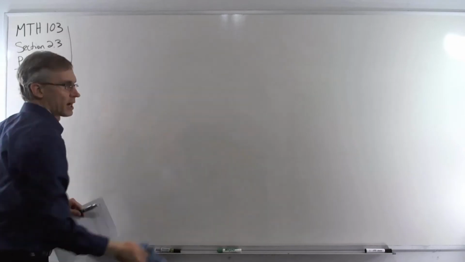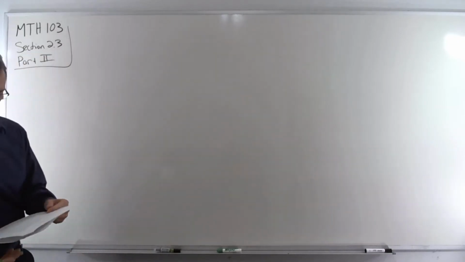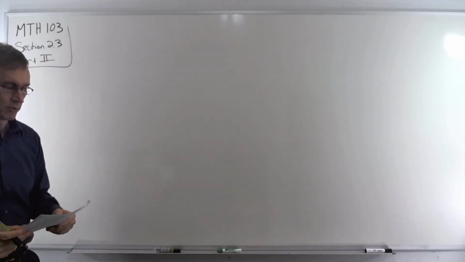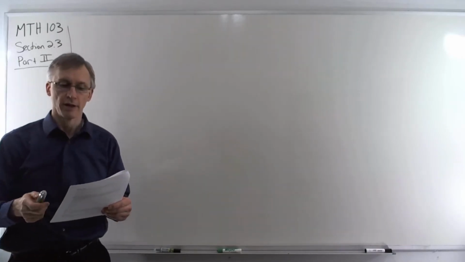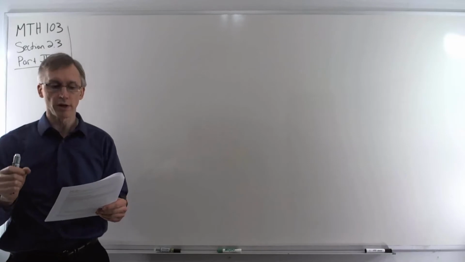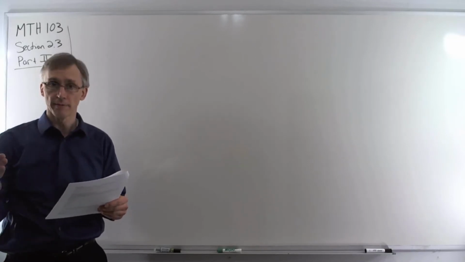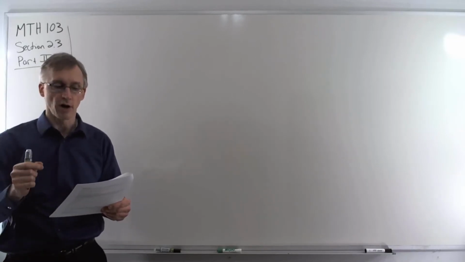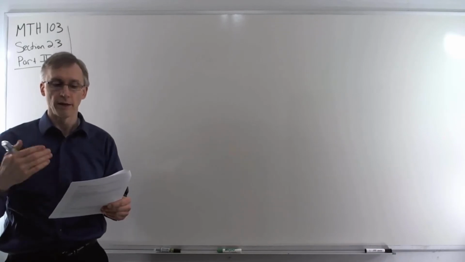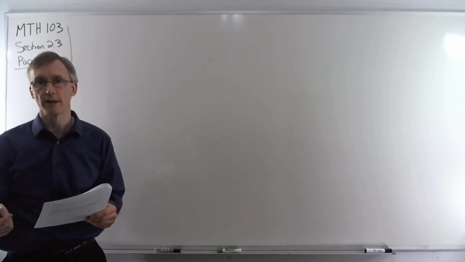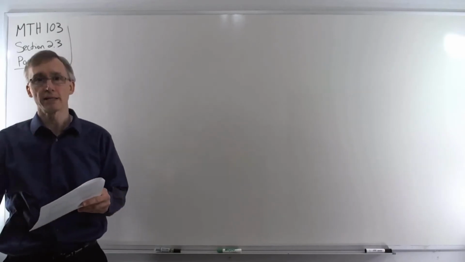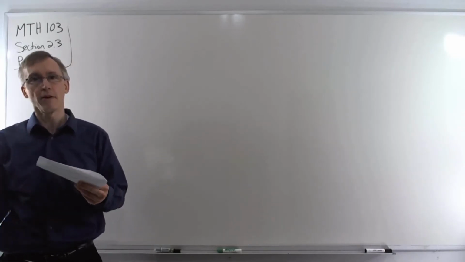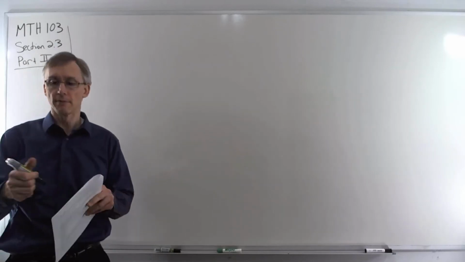Now we're going to do this in the context of some application problems. First example, a cell phone company sells 2 models of their latest phone. The basic model is always priced $100 less than the premium model. Express the cost of the premium model in terms of the cost of the basic model. So since we're in terms of the basic model, we have to have some variable to represent the cost of the basic model.